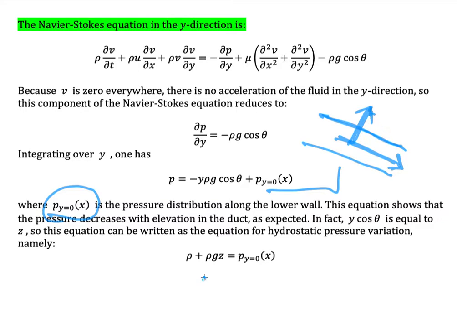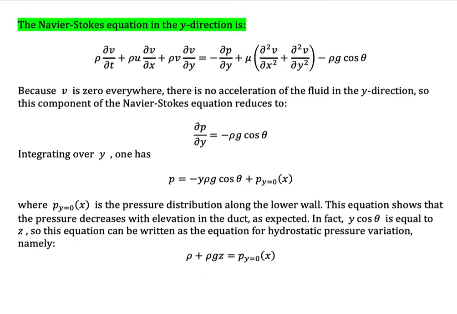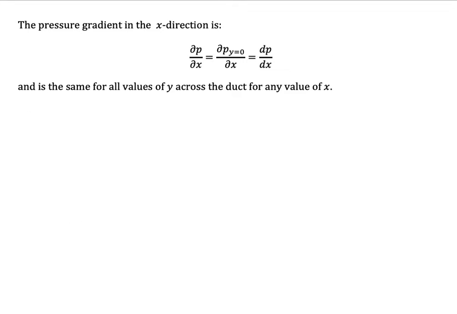This is what we discussed previously with rho g z, the pressure, and the gamma z. And then we could simplify the pressure gradient in the x direction as dp/dx. This is the same for all values of y across the duct at any value of x.